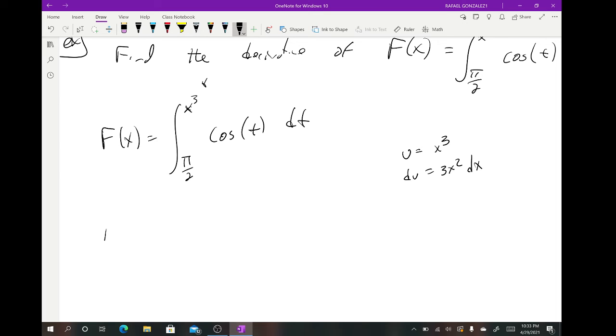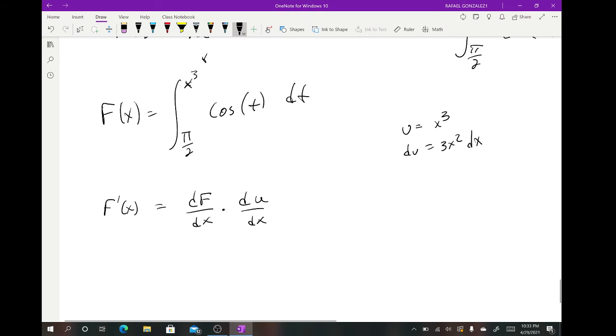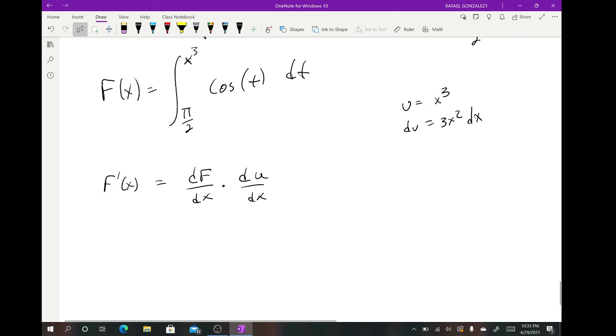Remember that by the chain rule, if you take the derivative of f, you're going to have the derivative of f with respect to u times the derivative of u with respect to x. That's why we have to be a little bit careful, because this x is not as straightforward as before.